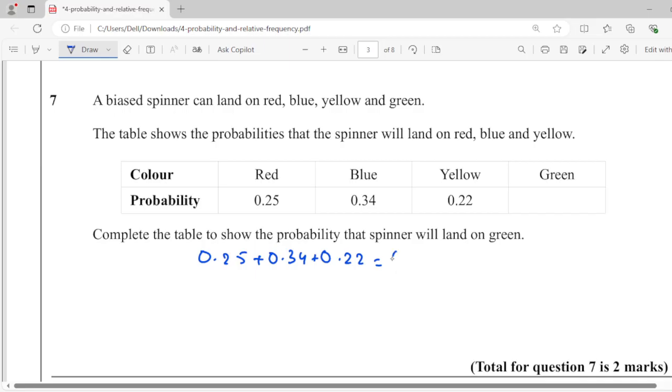This adds up to 0.81. 1 take away 0.81 is 0.19. You can see by adding all four of these that it adds up to 1.